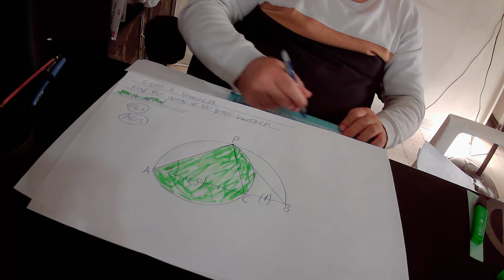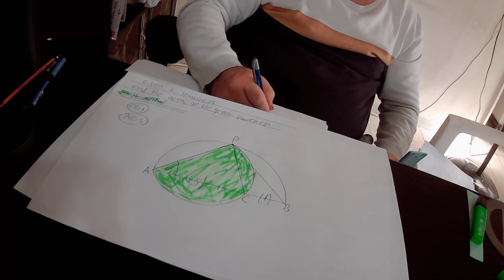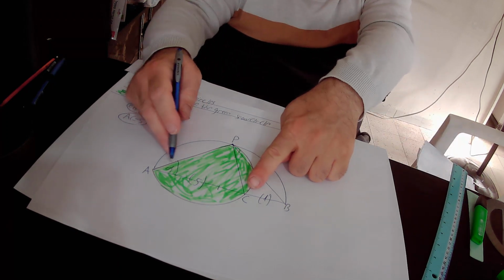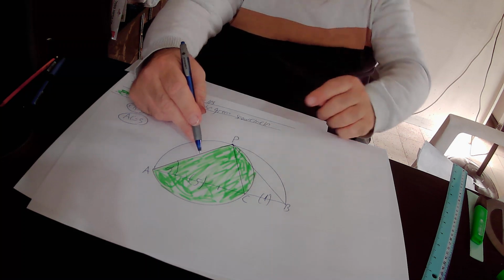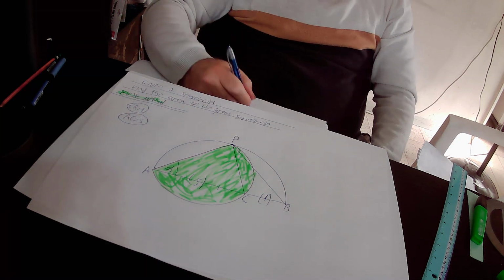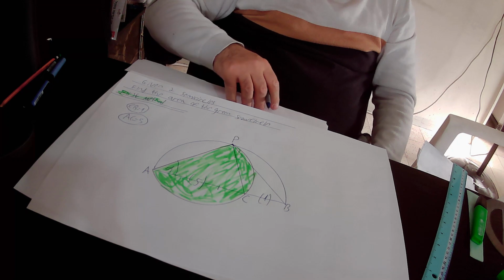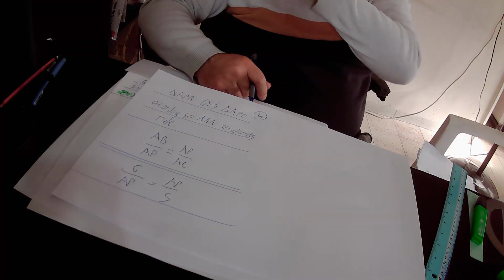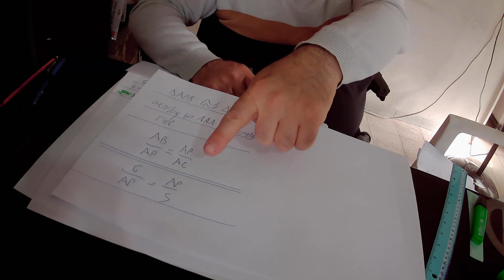And it equals side AP over side AC. AC equals 5. So in total, 6 over AP equals AP over 5.